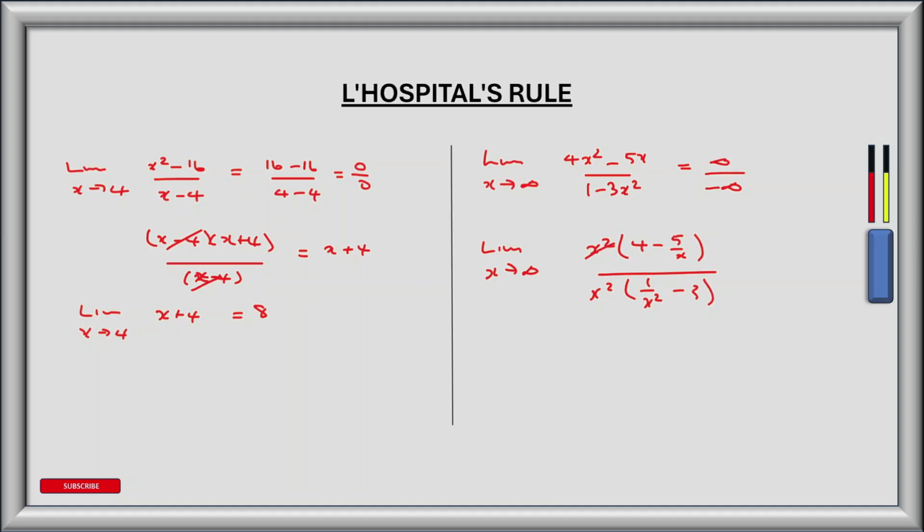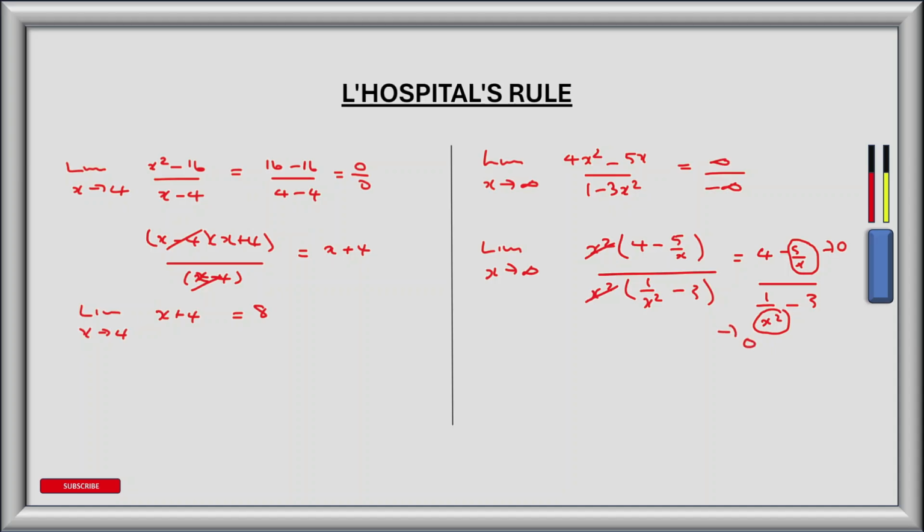So the x squareds would cancel out, which would leave 4 minus 5 divided by x, divided by 1 divided by x squared minus 3. So if we now look at what happens when x tends towards infinity, we see that 5 divided by x, so this part here, tends towards 0, and 1 divided by x squared here would also tend towards 0.